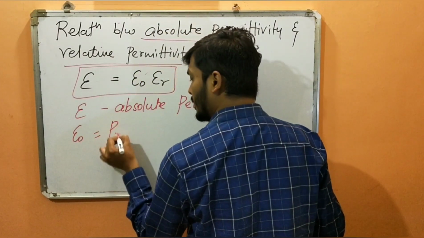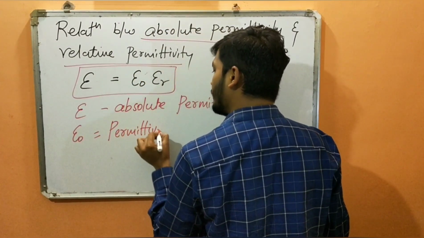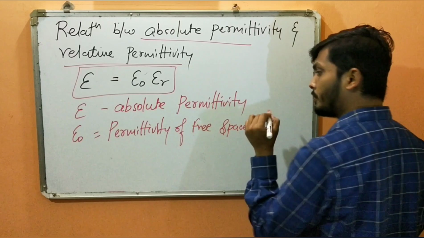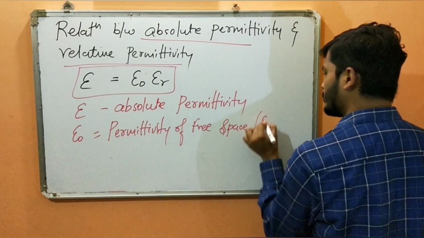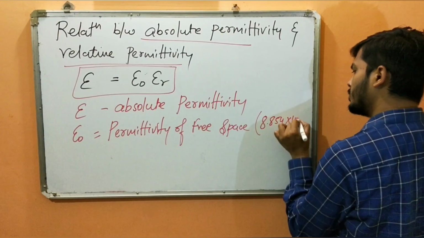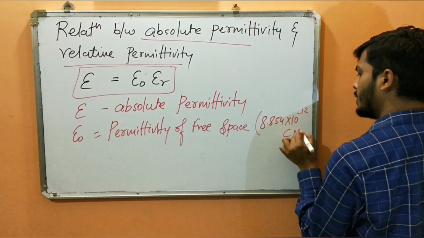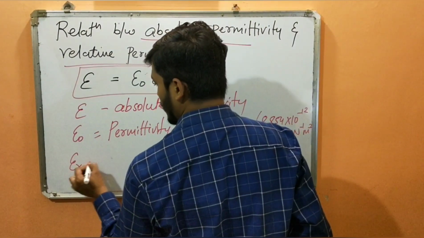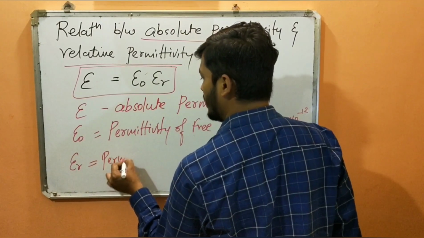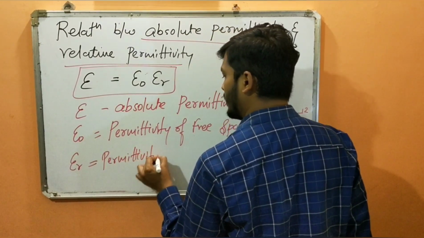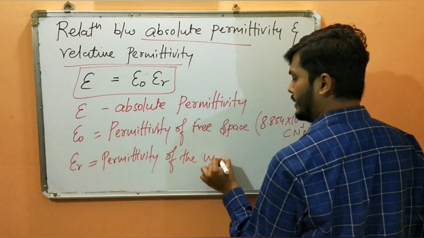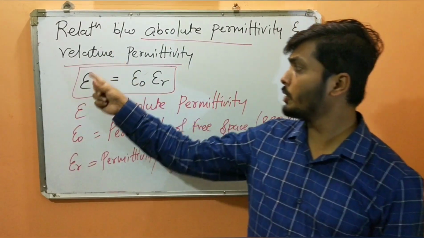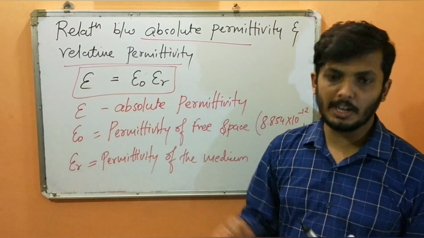It is the permittivity of free space. What was the value supposed to be? 8.854 into 10 to the power minus 12 Coulomb per Newton per meter square. Yes or no? What is epsilon R? It is the permittivity of the medium. Okay, now it is clear, right? So this is the relation between absolute permittivity and relative permittivity.